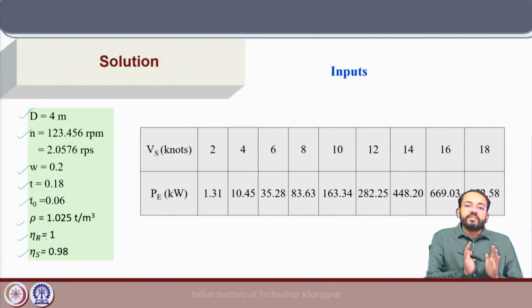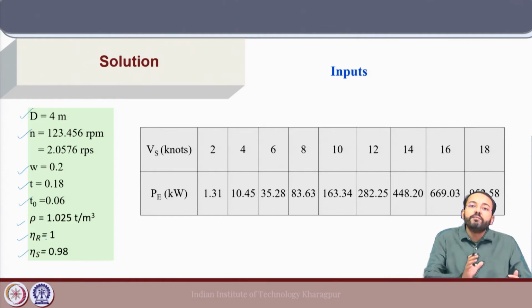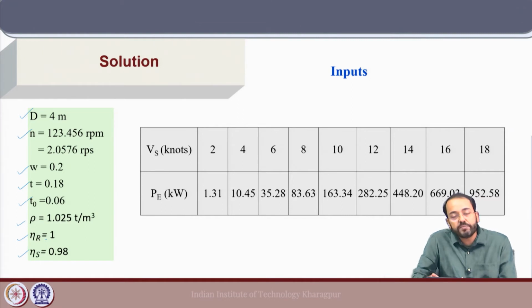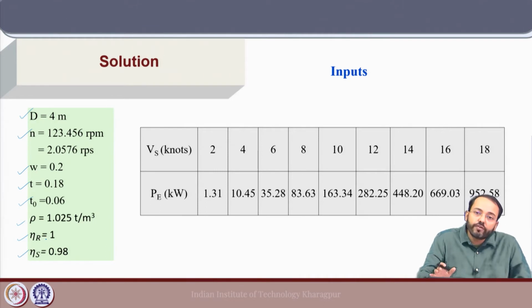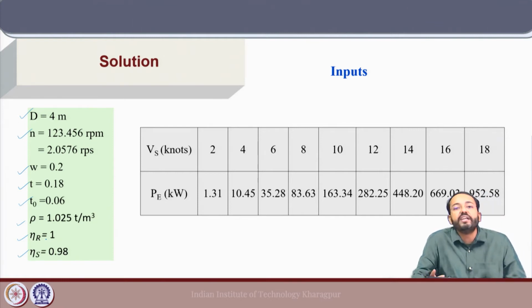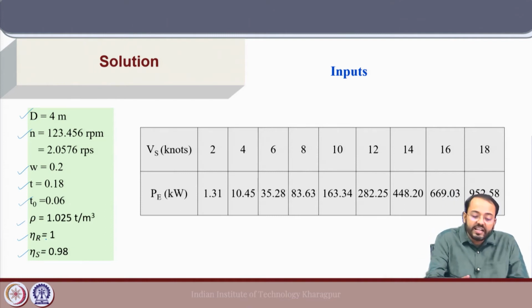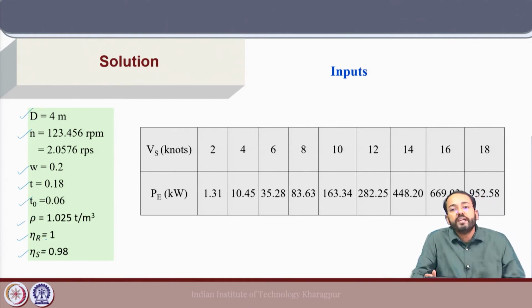So, this forms the requirement of the power for the tug, based on which we have to use the open water diagrams for the two propellers individually and match the output from these propellers with the power requirement that is provided for the tug, and we have to calculate the free running speed in that way. And apart from that, each propeller will have a different open water diagram and they will have different thrust coefficients in the bollard pull condition, which we will use to do the bollard pull calculations.